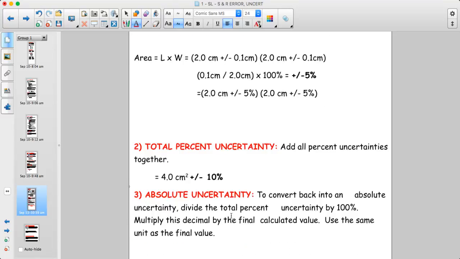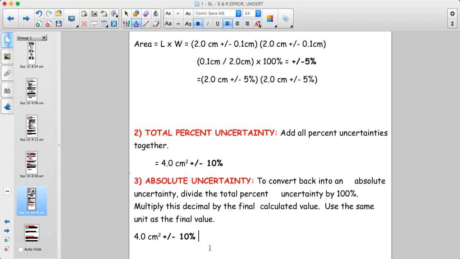And then the last thing that you do is you take the final value with the percentage uncertainty, and now we want to turn it back into an absolute uncertainty, something that has the unit. So the question here is, what's 10% of 4? Well, turn 10% into a decimal, so that's 0.10 times 4.